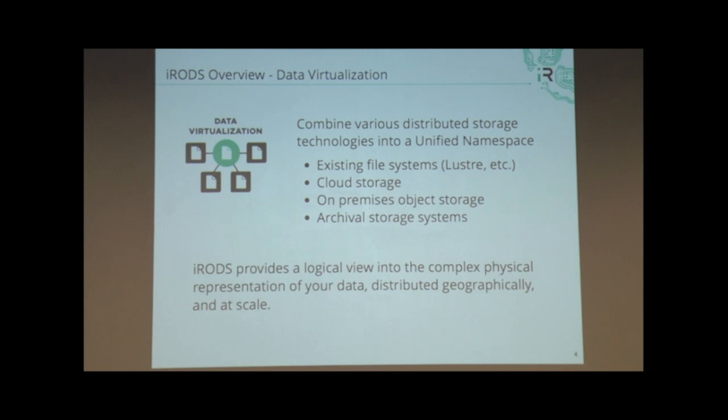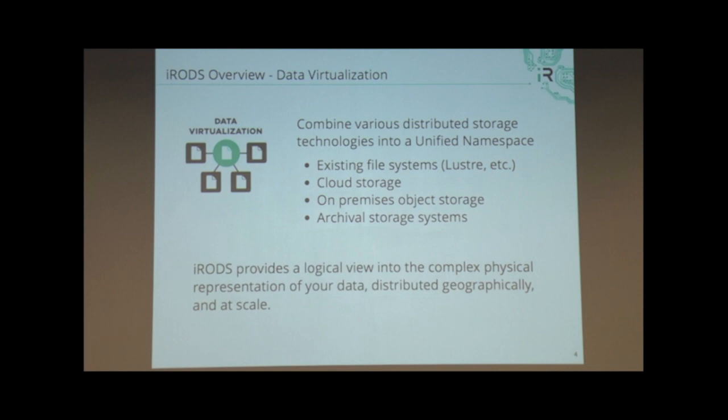Okay, the most obvious thing that you'll see in iRODS is data virtualization. What we like to say is that we abstract all your data in your system from the user and give it a common namespace, a virtualized data system, so that the user doesn't have to know the intimate details about all of the data within your system.